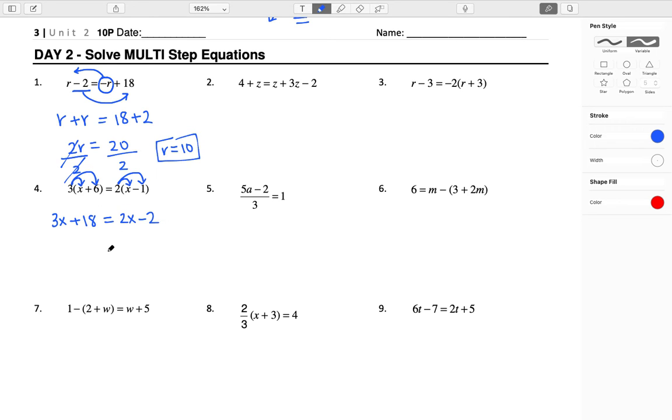So we're multiplying. And now I'm going to collect the like terms. So I'm going to put x's on the left side and numbers on the right side. So positive 2x becomes -2x. And positive 18 will become -18. So x is equal to -20.